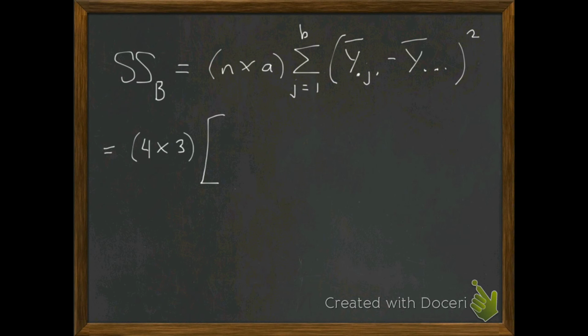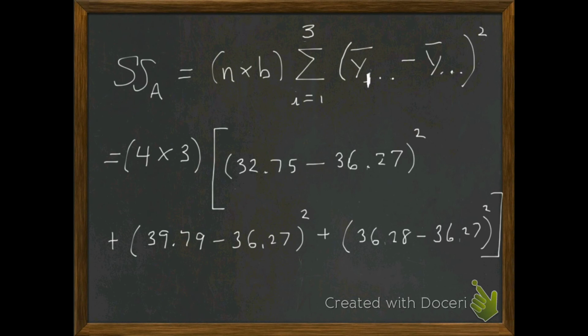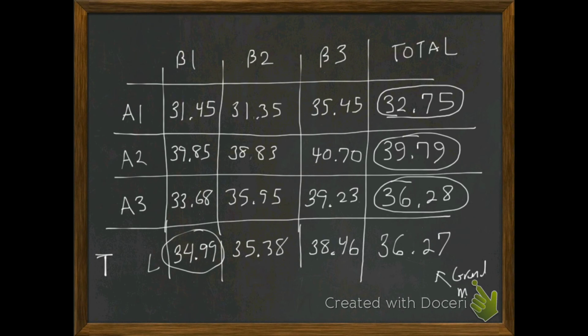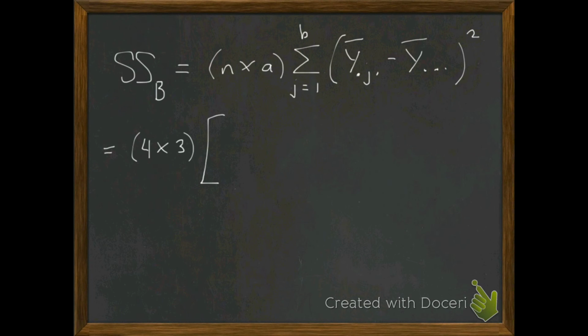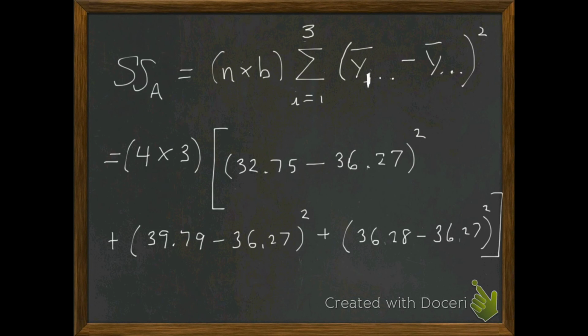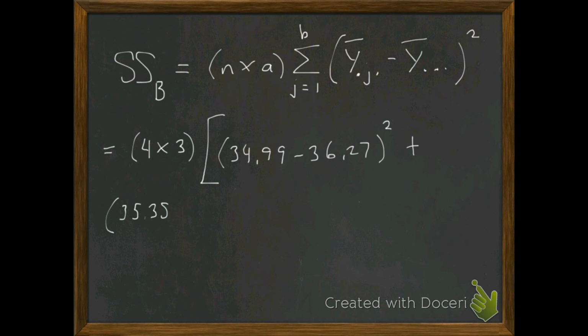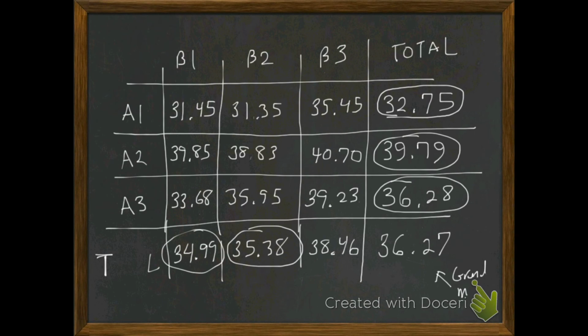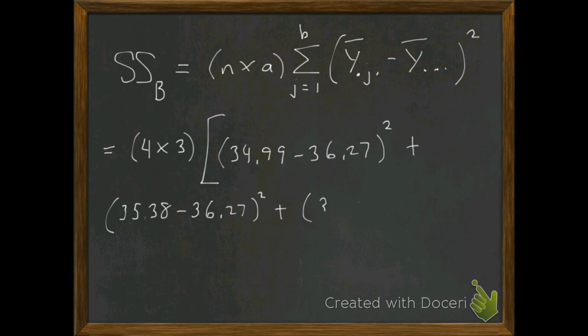So we're going to run out the columns, so 34.99 minus 36.27 plus 35.38 and finally 38.46. And again, have fun with that.